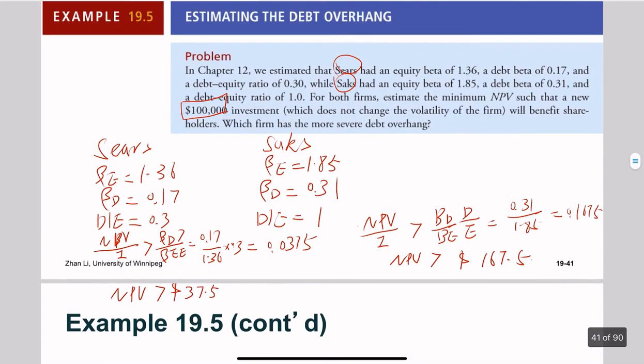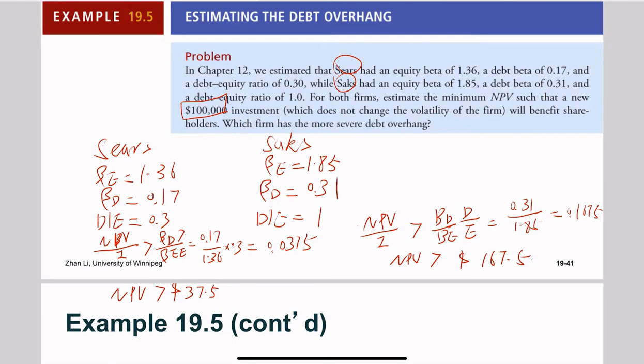So this basically says for Saks Fifth Avenue, if a project has NPV larger than 167.5, then shareholders will finance this project. However, if the NPV is positive but smaller than 167.5, then the shareholders will not finance this project.